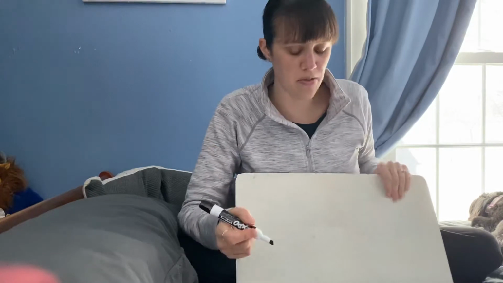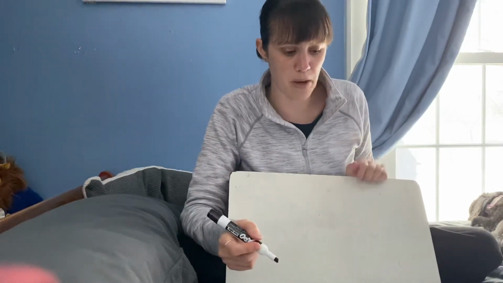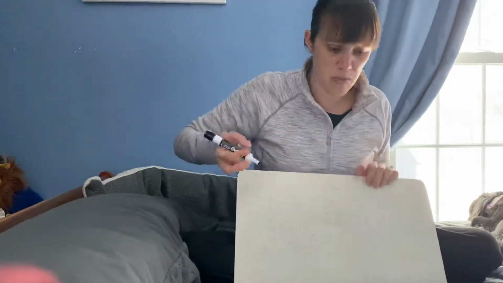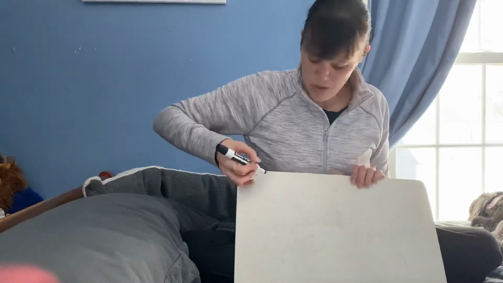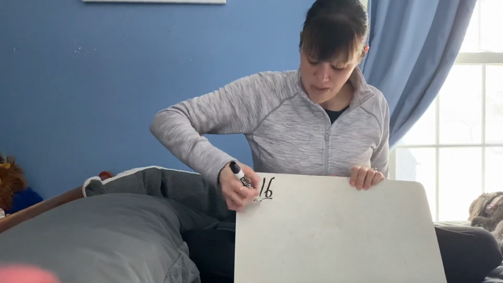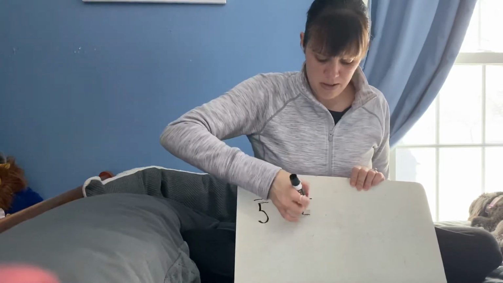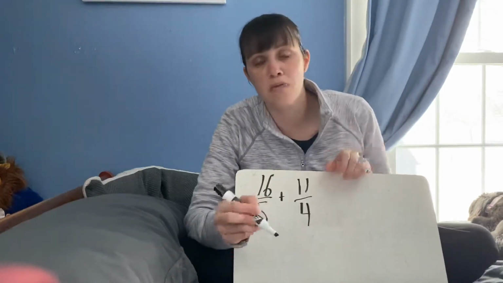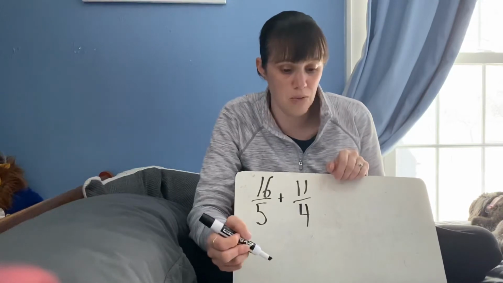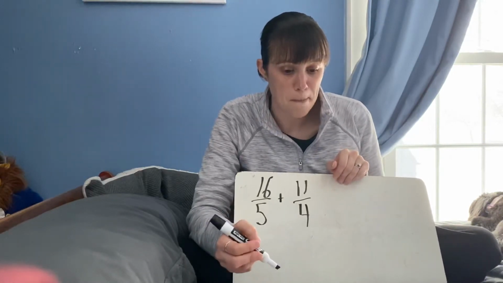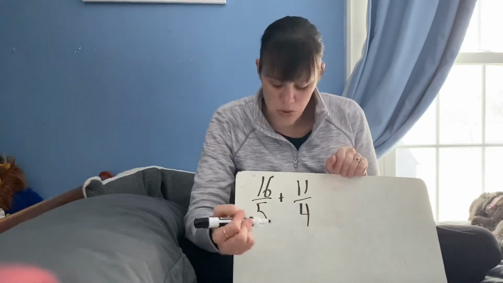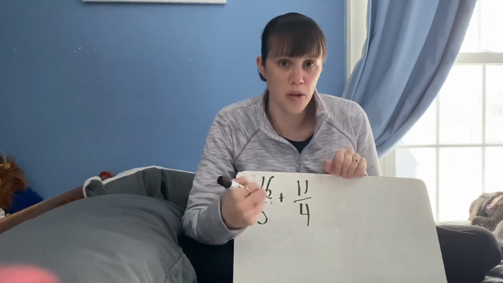Estimate each sum or difference to the nearest half or whole number by rounding. Explain your estimate using words or a number line. So we have 16/5 plus 11/4. Now there are so many different ways you can do this. There really are. It might be easiest if you change these to whole numbers.